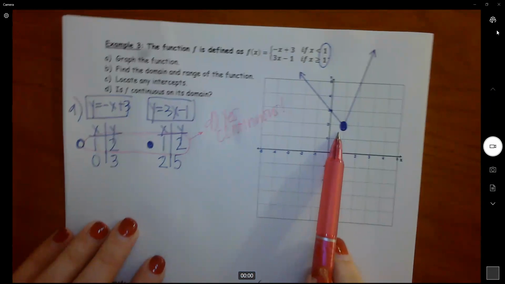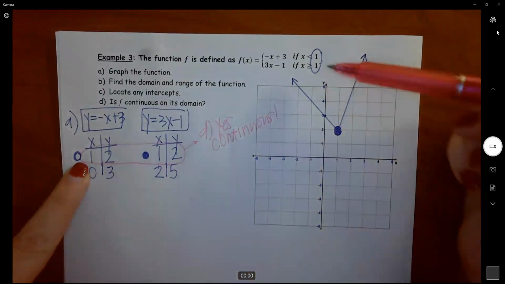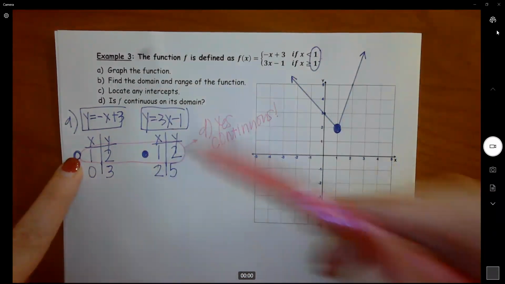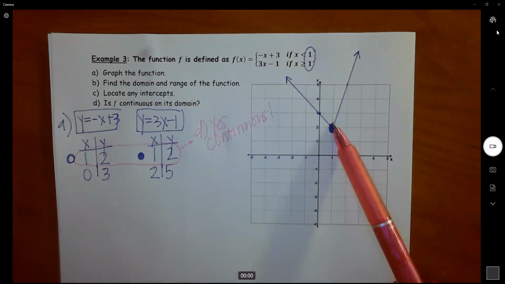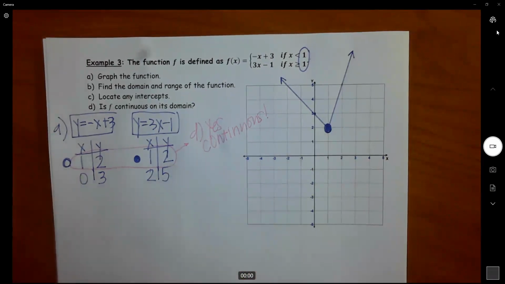So I didn't even need to graph this. Once I saw that this is 1, 2, and 1, 2, right where this is supposed to be breaking, when this is the same, that automatically means that this is going to be continuous. Now, once you plot it, you can tell. But before you even plot your point, that's how you can tell if this is continuous or not.